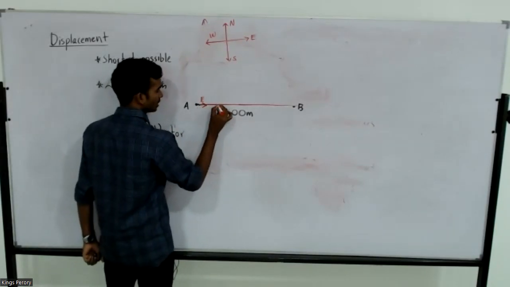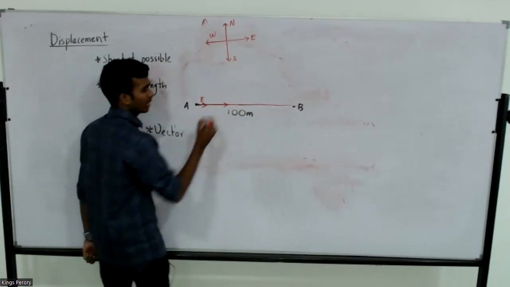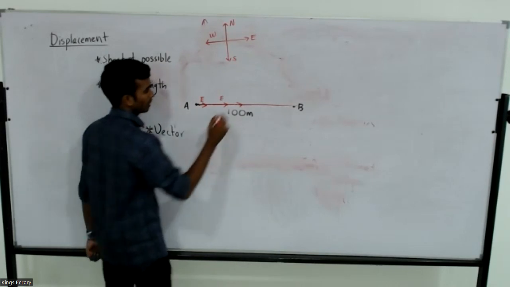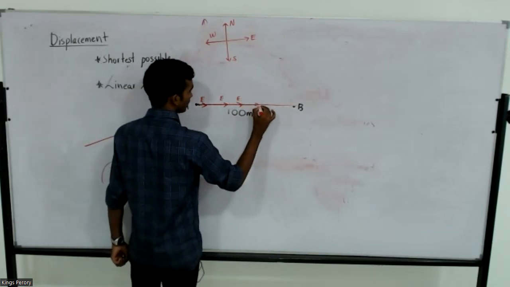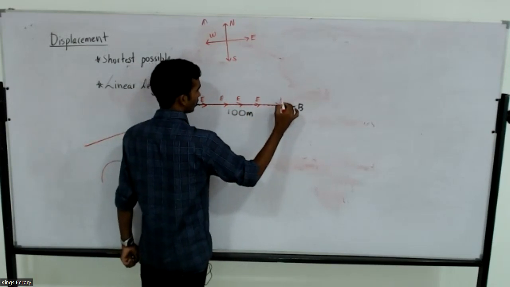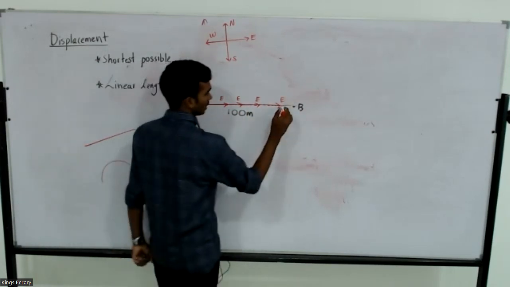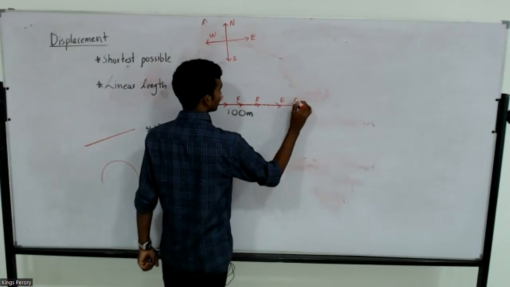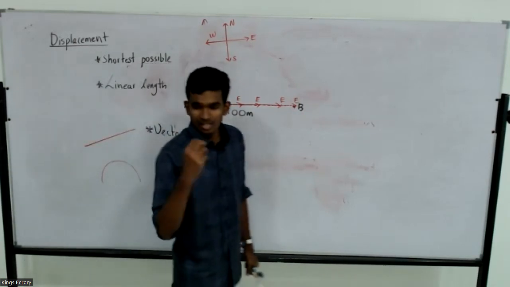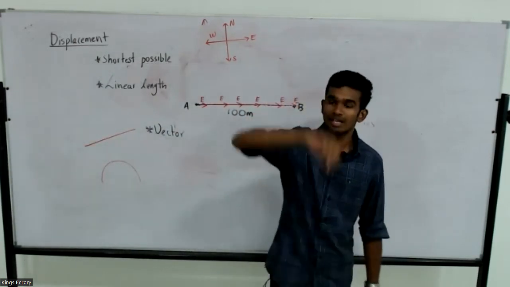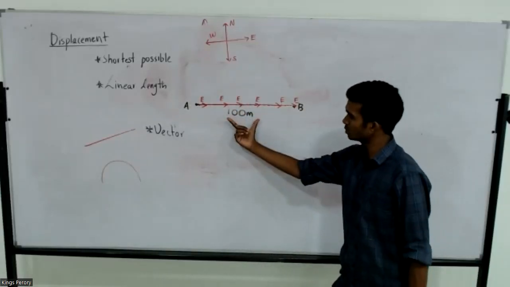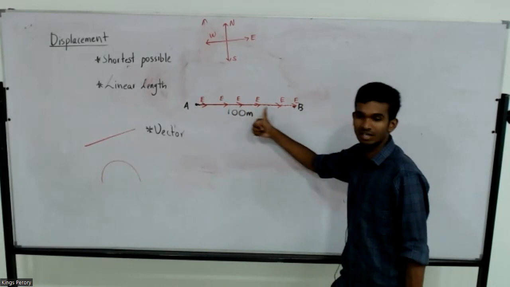A little bit further, still east. Even at the final point, still east. That means throughout his journey, his direction is the same, it is east. So you can tell that from A to B, he has displaced 100 meters in the east direction.